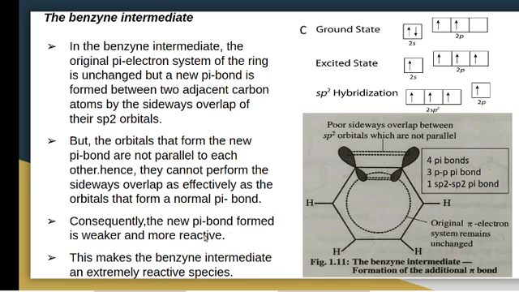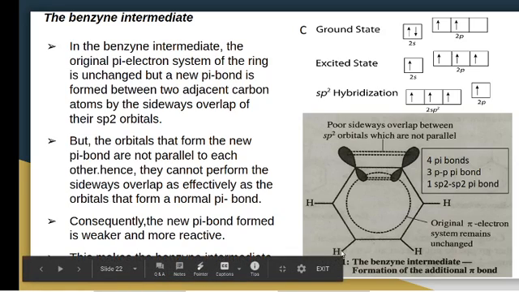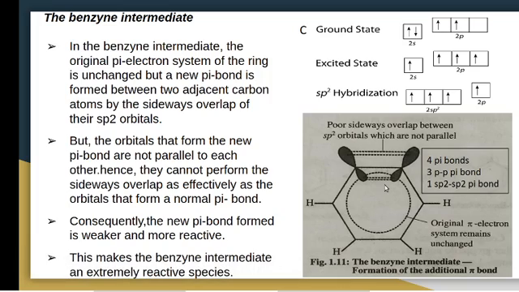Consequently, the new pi bond formed is weaker and more reactive. Because of the poor overlap, this pi bond formed between sp2 orbitals is weaker and at the same time more reactive. This makes the benzyne intermediate an extremely reactive species. Because of the presence of the weaker and reactive pi bond, the benzyne intermediate becomes highly reactive.